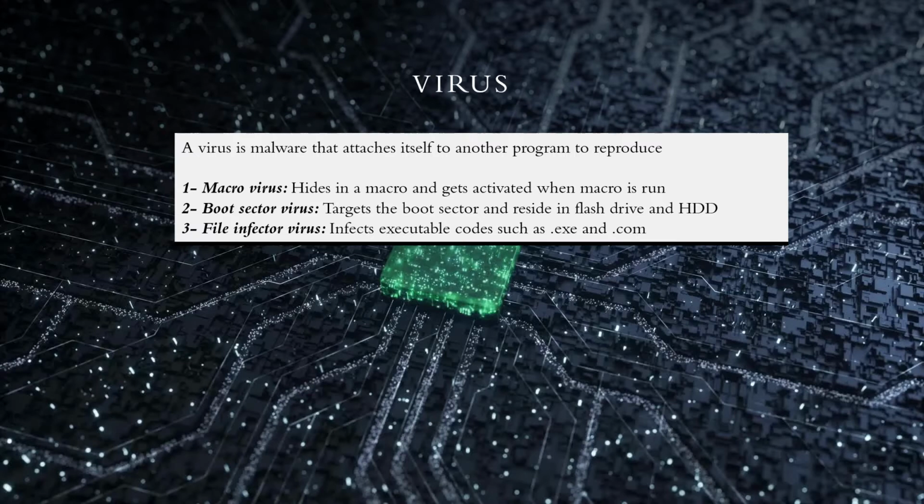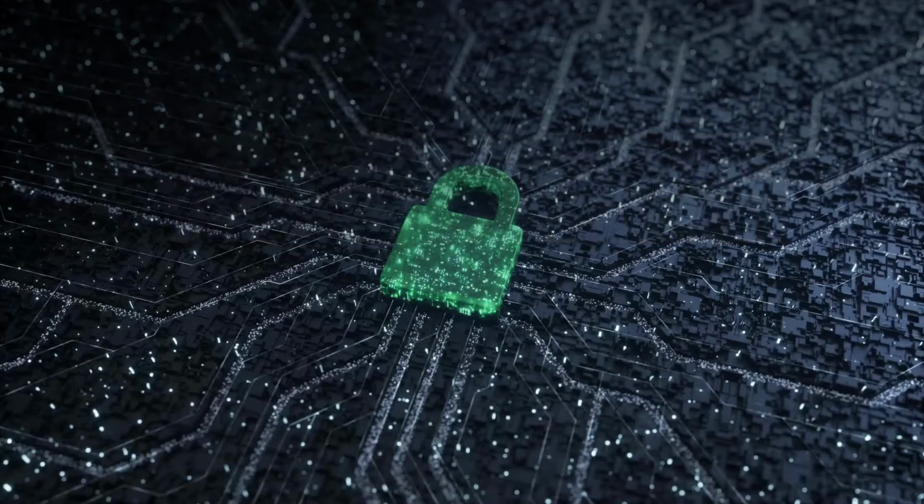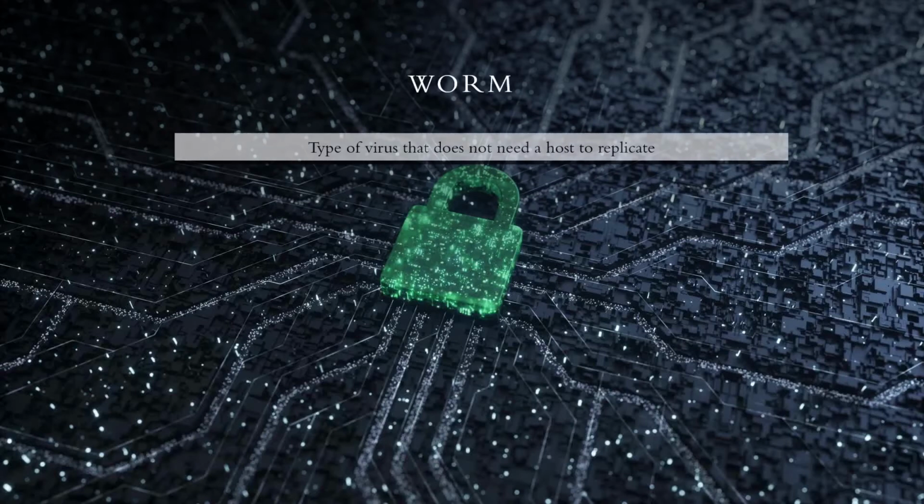File infector virus is a virus that infects a piece of executable code, such as .exe and .com files. When the program is executed, the host computer gets infected. A worm is a type of virus that does not need a host to replicate, so it is a self-sustaining program that copies itself without needing other programs.